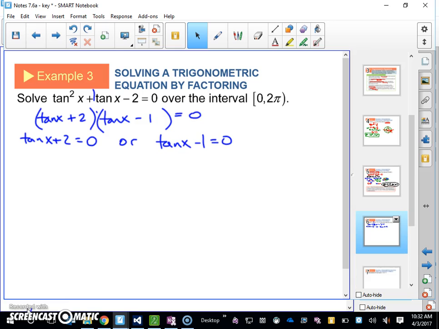So what we have now are equations with only one variable term in them. Each of those two equations can be isolated. Now, if I looked at the one on the left, I'm going to subtract 2. I'd have tangent x equals negative 2. If I looked at the one on the right, I'm going to add 1. I've got tangent x equals 1.